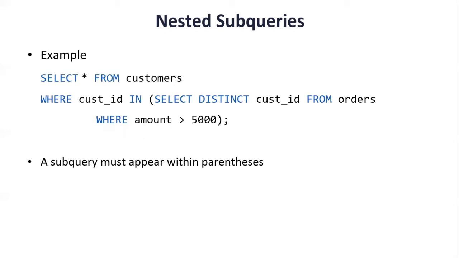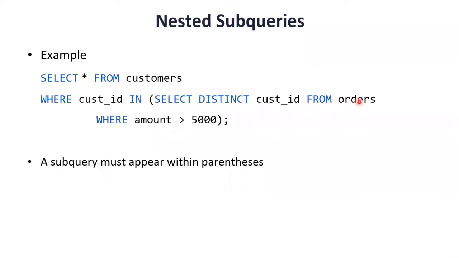Let's consider this example. We have a select all from customers query where cust id in, and within brackets we have another select query. This part is called a nested subquery and it must appear within parentheses, these brackets. For a moment, let's forget about this and only consider this select query, which says select distinct customer IDs from orders where the amount is greater than 5,000.